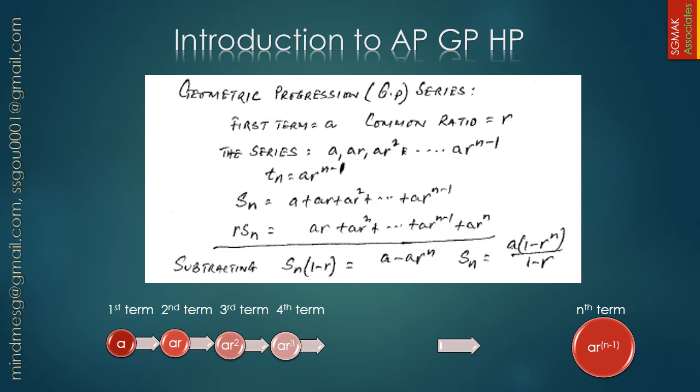So an easy way to remember the summation of n terms is the first term multiplied by (1 minus the common ratio raised to the power n) divided by (1 minus r). That's the summation of n terms of a geometric series. Again, if you know the first term and the common ratio, the series is defined, then you can find the nth term and the summation of n terms. That's all you need to know to manipulate geometric progression problems.